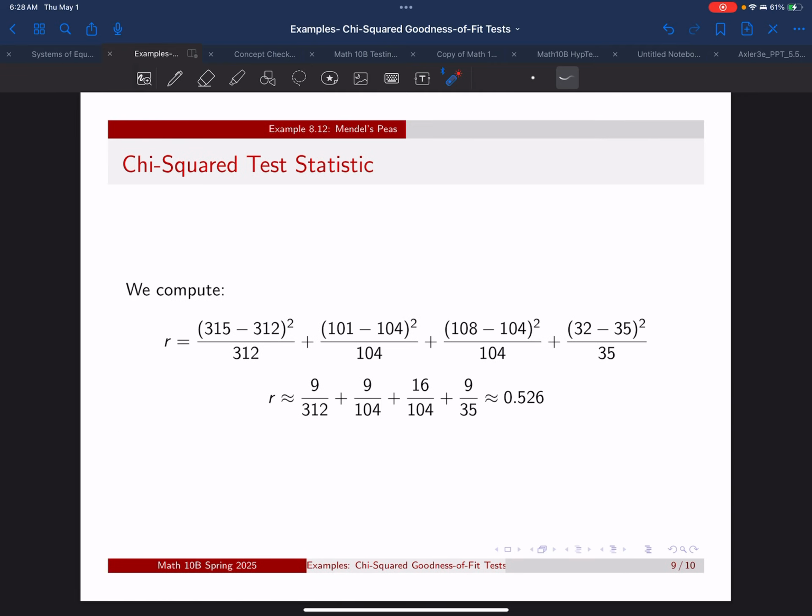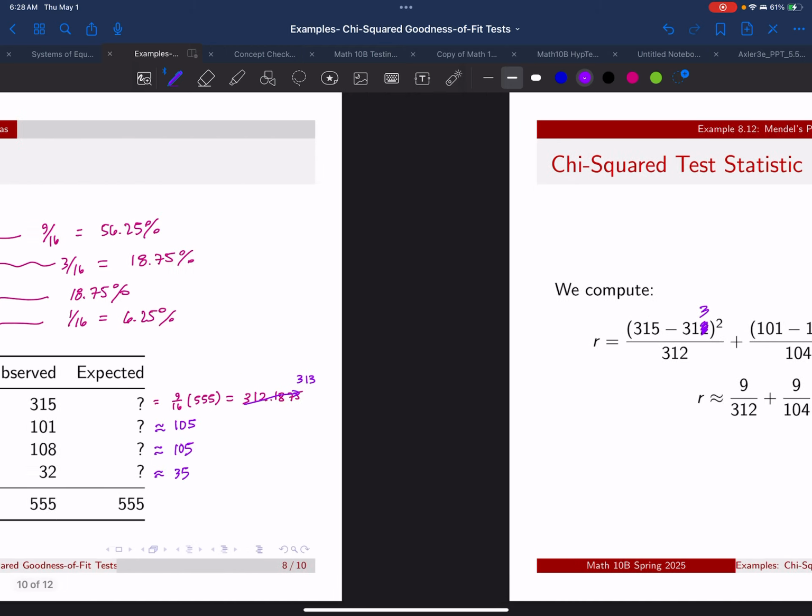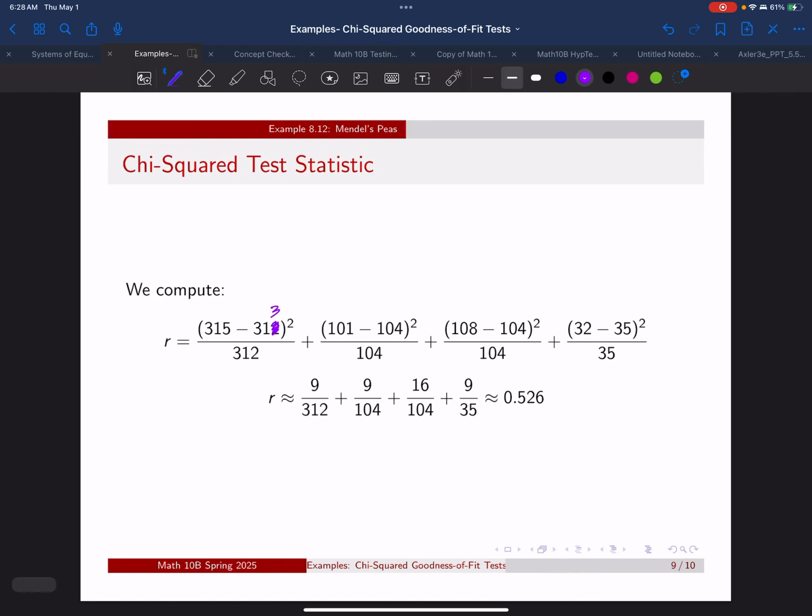The difference here is small, so it'll be close enough.